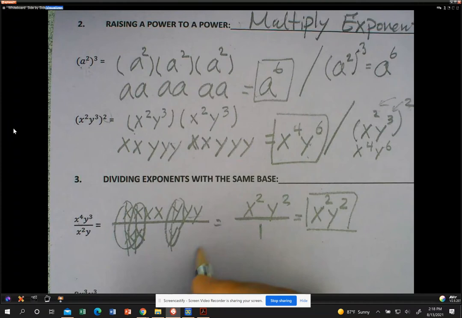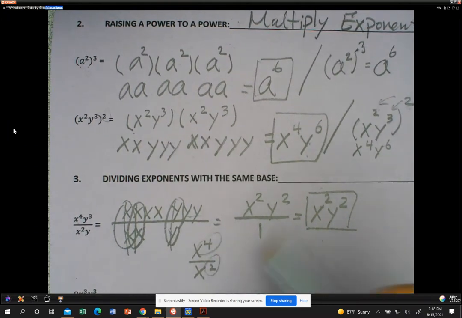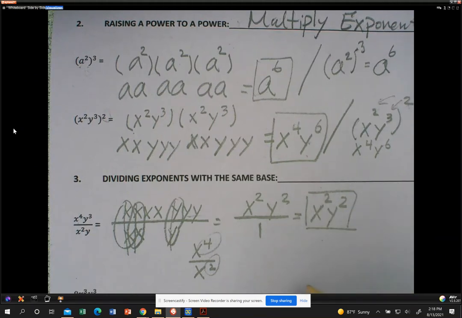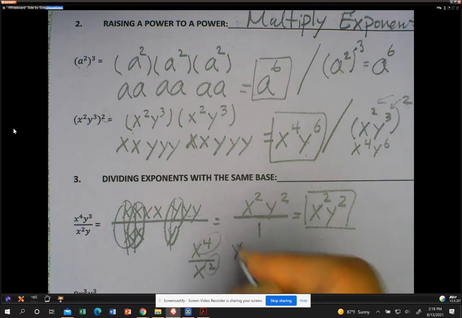So we started with x to the fourth and x to the second. You see how the x's are matching up? What do you think we're going to do with those two numbers in order to get x to the second? Subtract. We can divide or subtract, right? Let's see if it is division or subtraction. What if you get y to the third over y to the first?